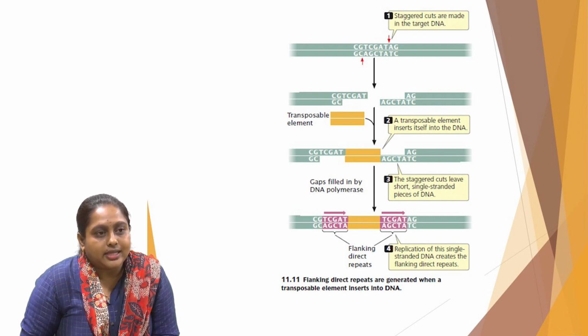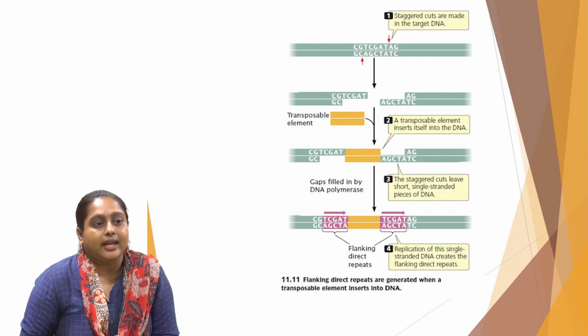Here you can see in the double stranded DNA sequence, the gaps are filled by the sequences represented in pink color. That is the flanking direct repeats. Replication of this single stranded DNA creates the flanking direct repeats in the DNA sequence.